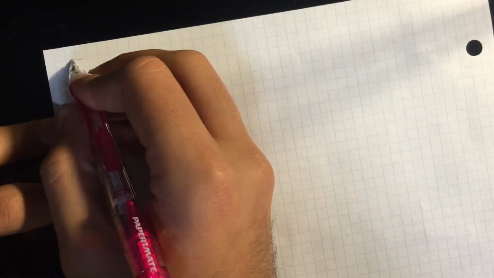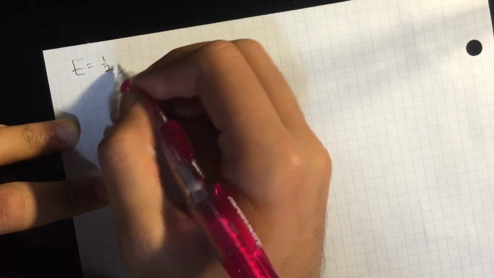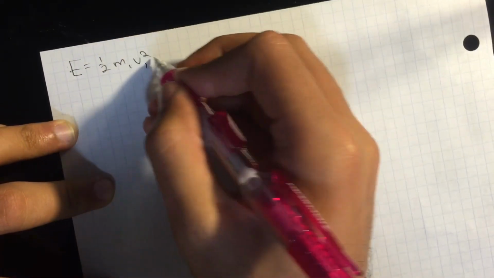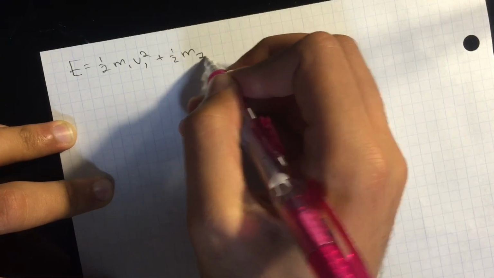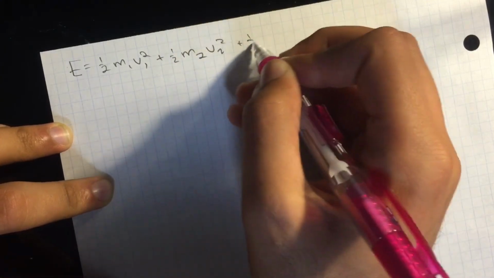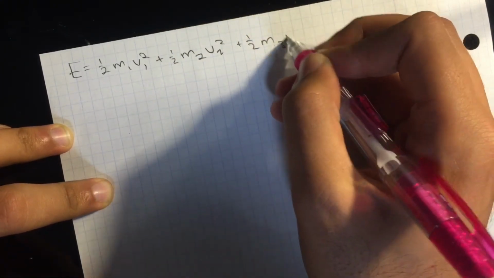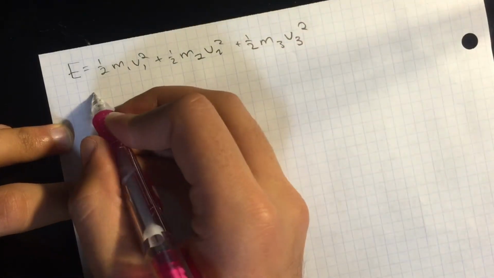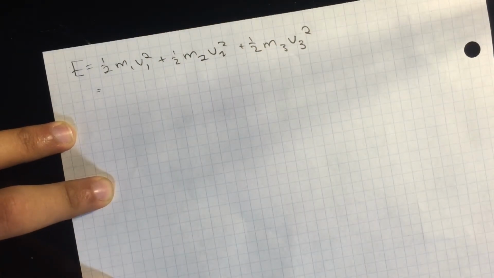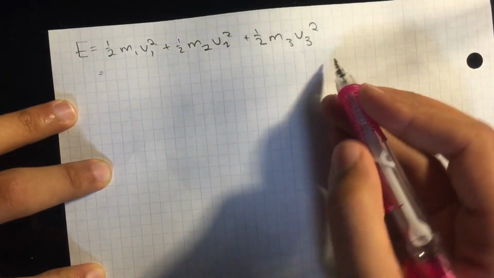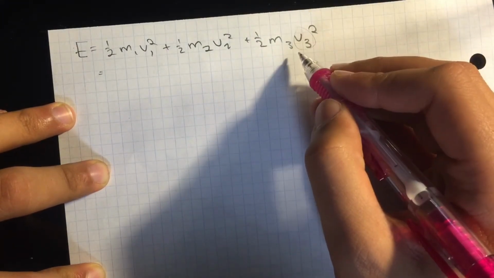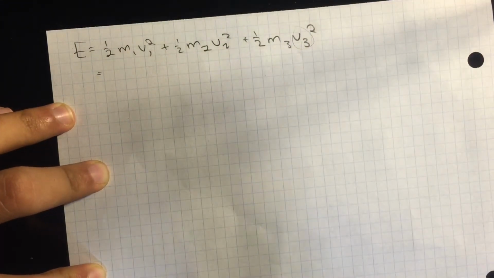So the next step, now that we see that we have mass and velocity, we could use kinetic energy. So I'll do E equals 1/2 m1 v1 squared plus 1/2 m2 v2 squared plus 1/2 m3 v3 squared. So our first step also is to figure out the magnitude of the velocity of v3.